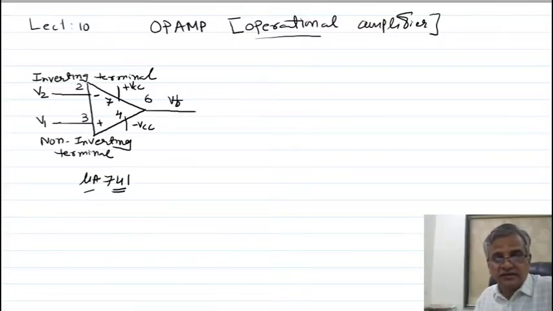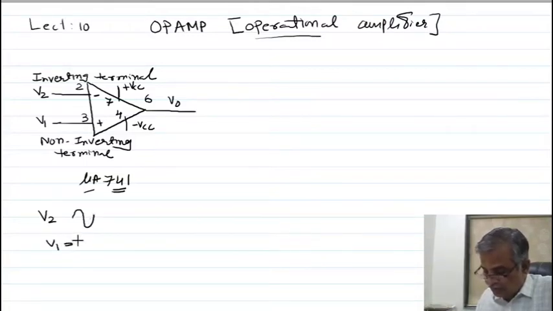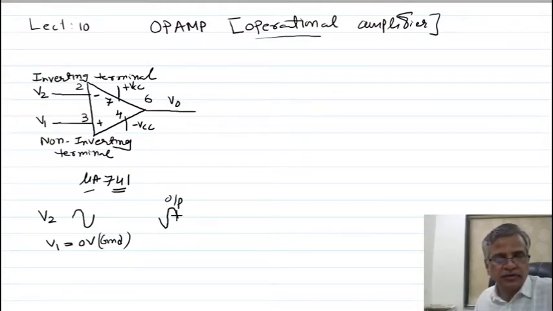If I give the signal at the inverting terminal and make V1 at the non-inverting terminal ground, then the output will have a 180 degree phase shift.